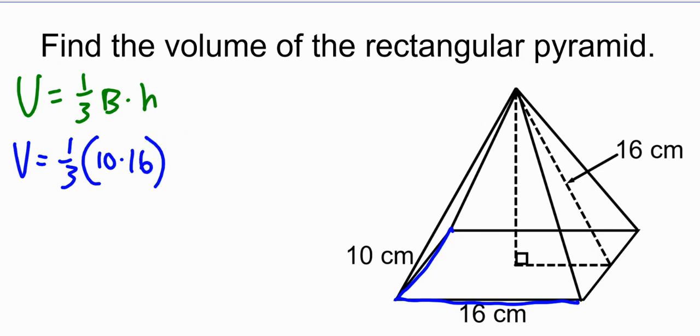And then to find this true height, we need to do the Pythagorean theorem. So this triangle we have right here, we know that the hypotenuse is 16, and we can figure out what this base length is because we don't have an oblique pyramid.